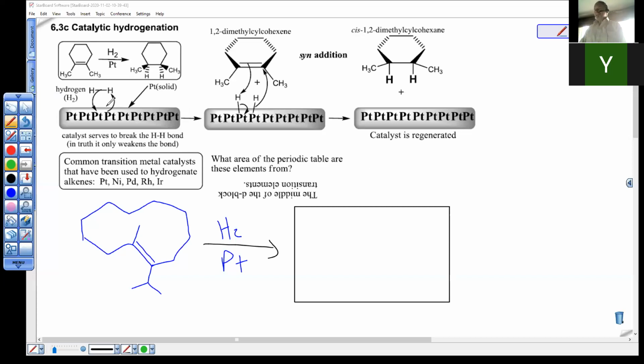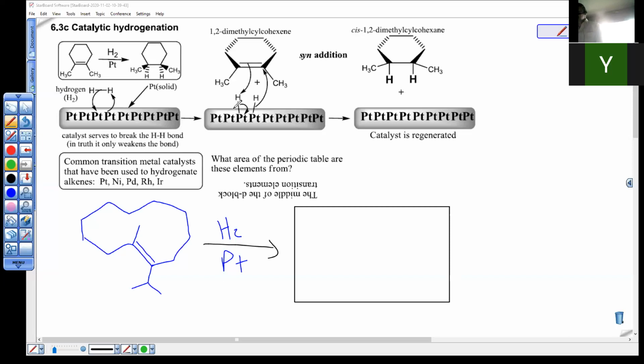And what happens is the platinum metal will weaken the hydrogen sigma bond. I've gone to the extreme of actually breaking it, but the truth is the hydrogen just sits on top and has a weakened bond with platinum-hydrogen interactions underneath. And what's happening here is my pi is attacking one of the hydrogens.